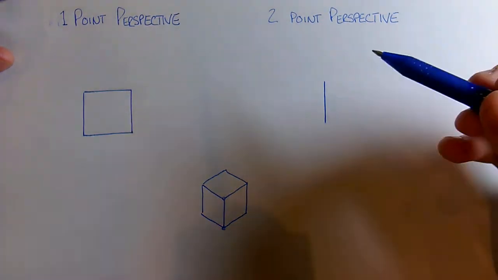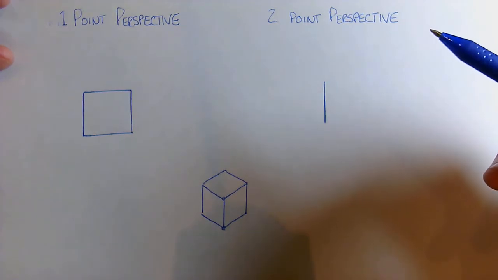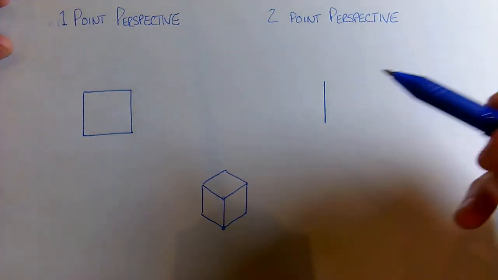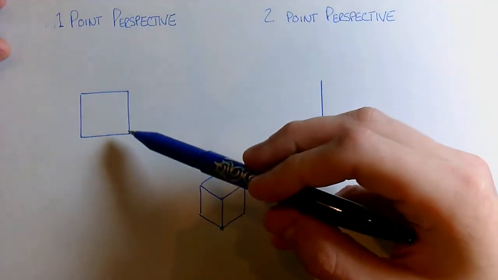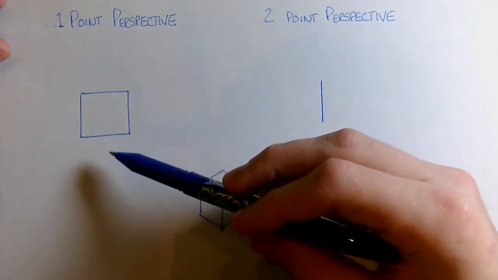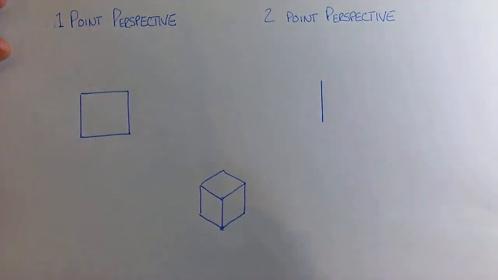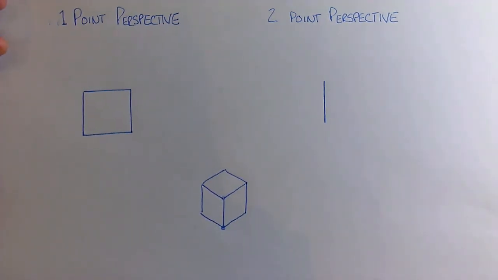So what we want to do first is figure out where our shape is going to vanish. If we were to extend that shape, say we weren't making a cube, we were making a rectangle, and this rectangle was infinitely long, where is the point where we won't be able to see the rectangle anymore because it's too far away from us? That's what we're trying to figure out here.